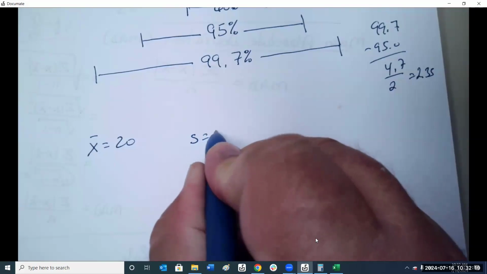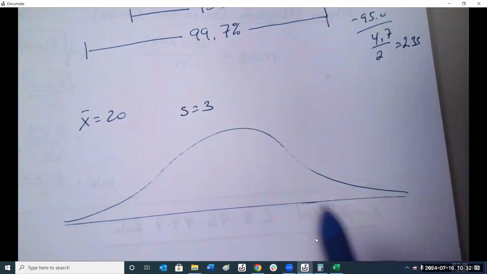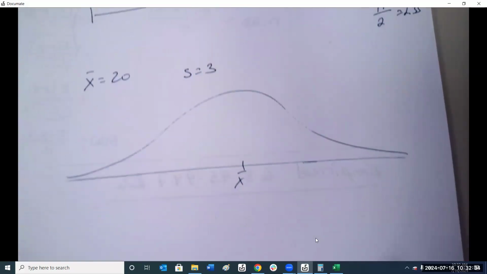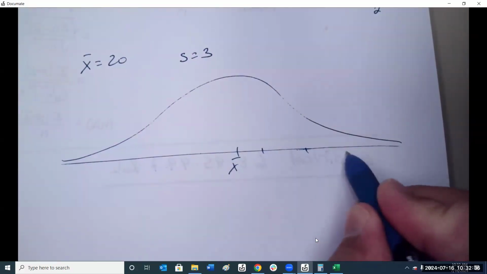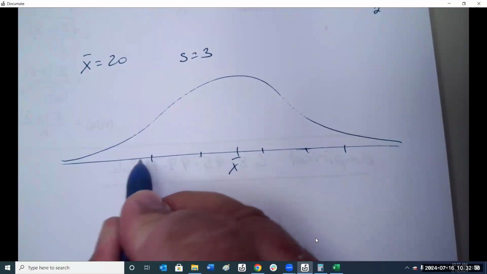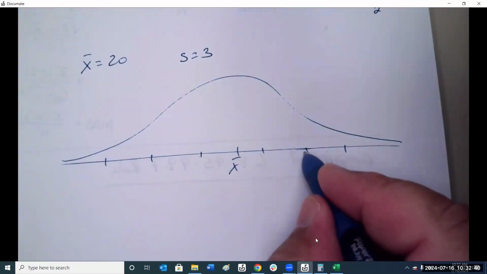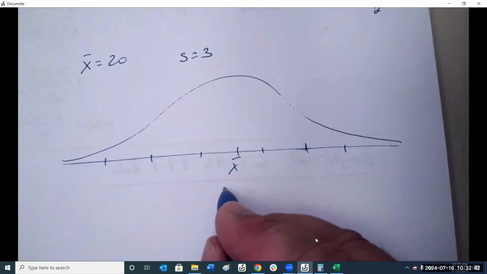So if our mean was 20 and our standard deviation was 3, how would our bell curve work? What values would we have? Find me the values for all 3 standard deviations, both directions. This is 20.